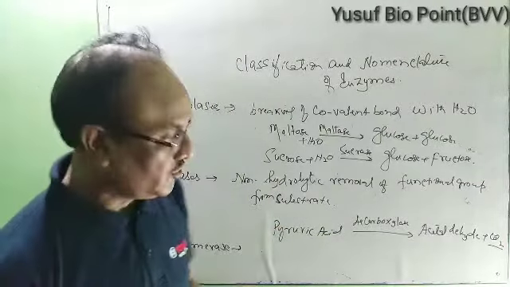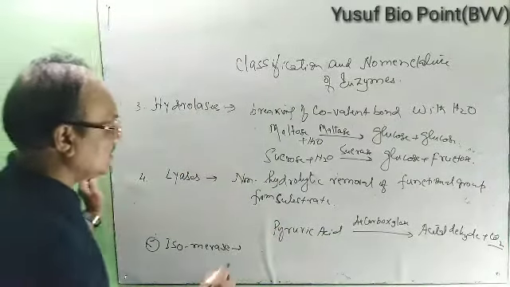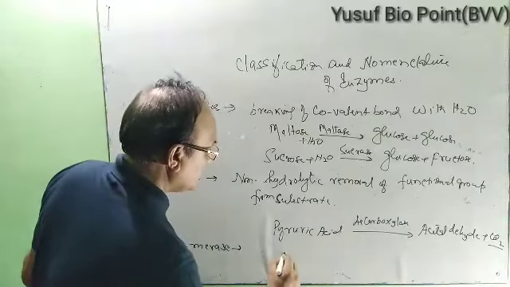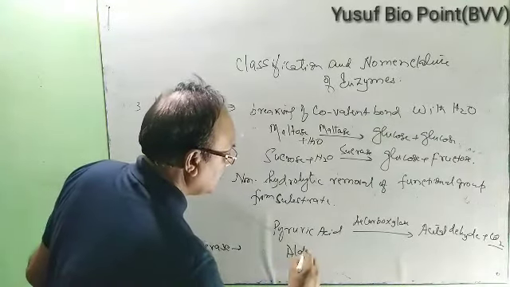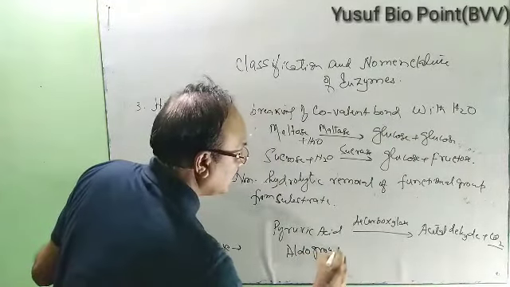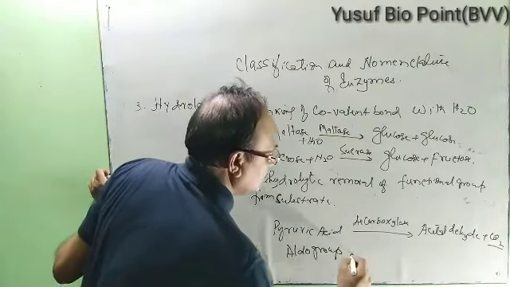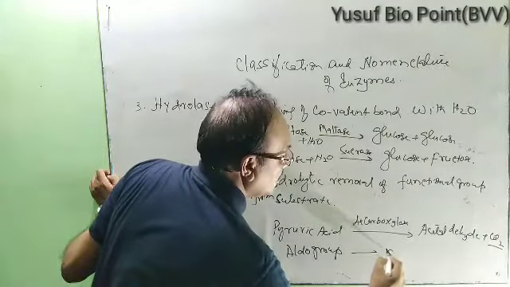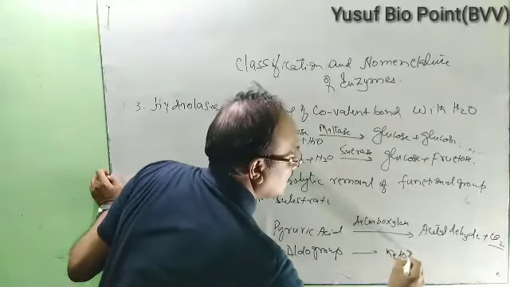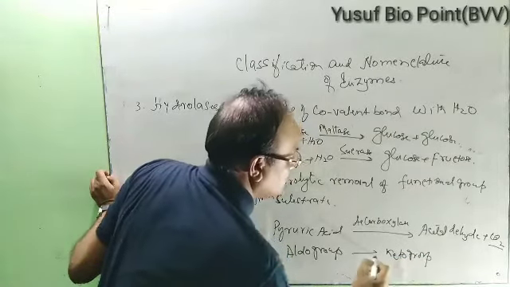And this is the isomerase, which changes the aldo group to keto group and vice versa.